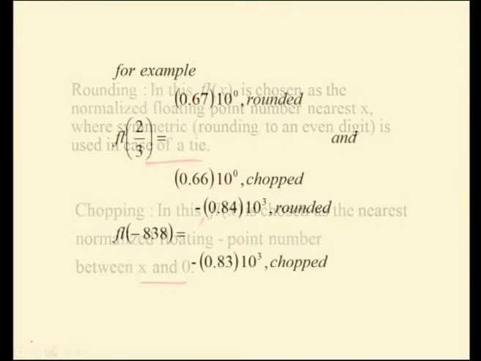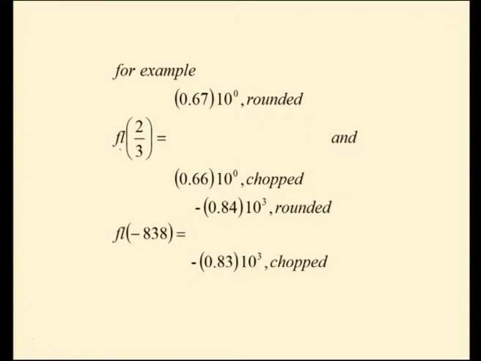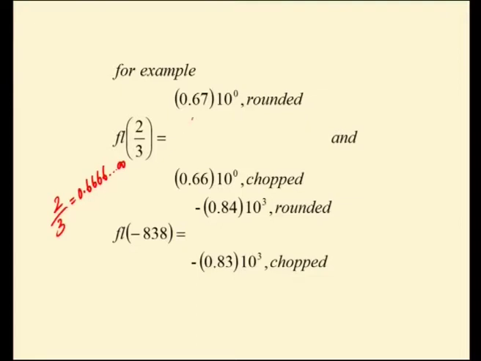For example, consider the floating point representation of 2 by 3. Actually, 2 by 3 numerically is 0.6666, it goes on up to infinity and it is not a terminating number. So, if you want to round off, you round it off at the second decimal place, 0.67 times 10 to the power 0, rounded.